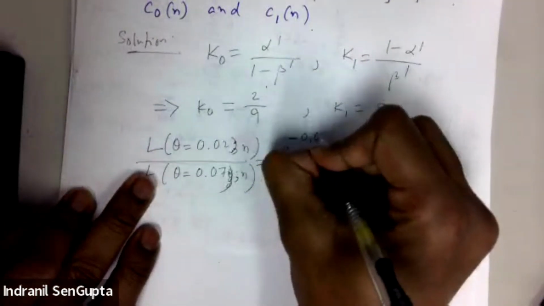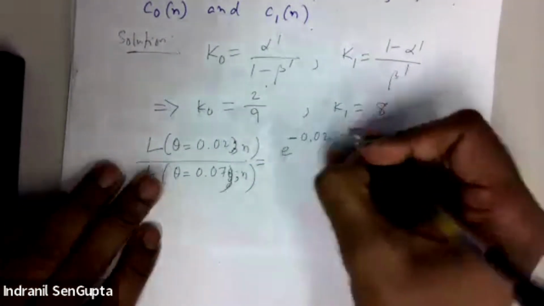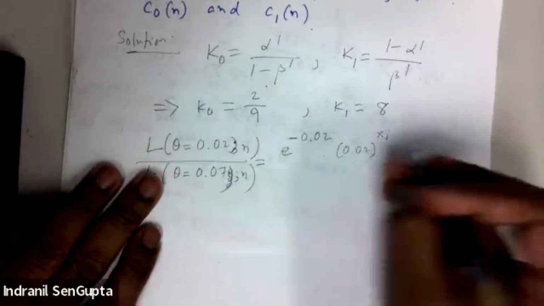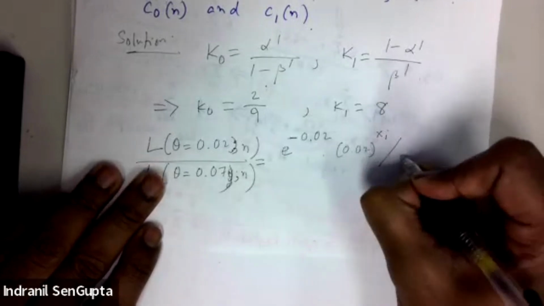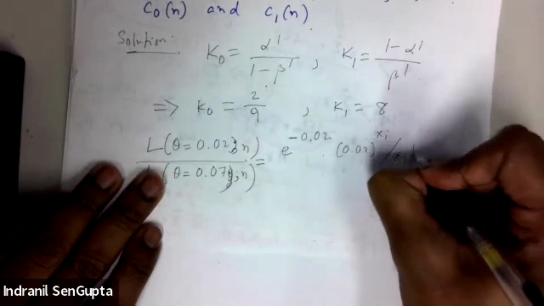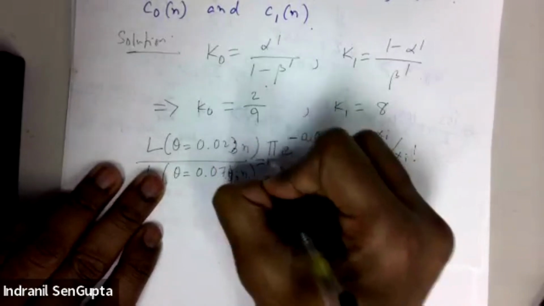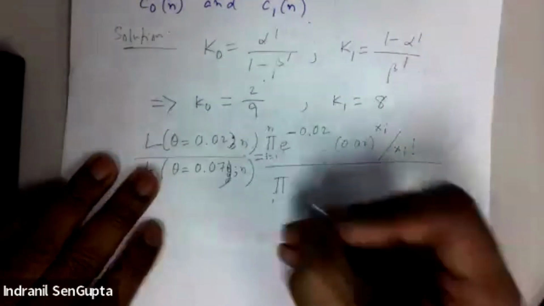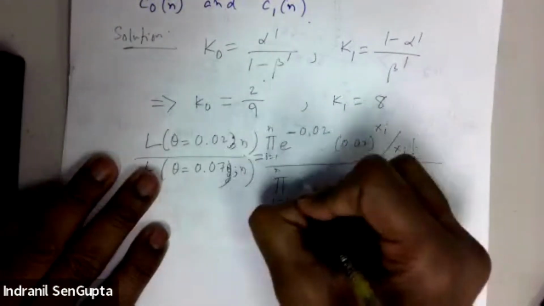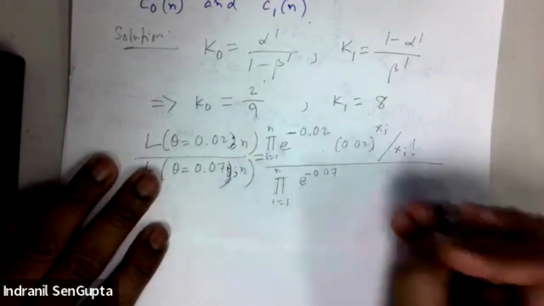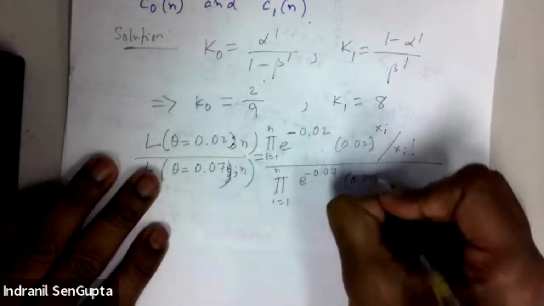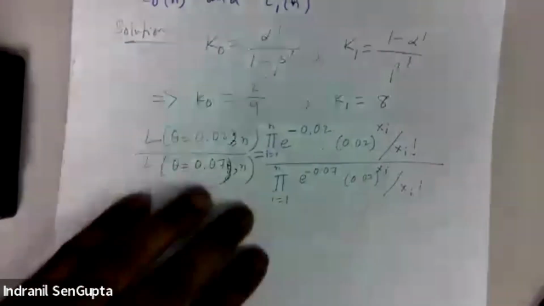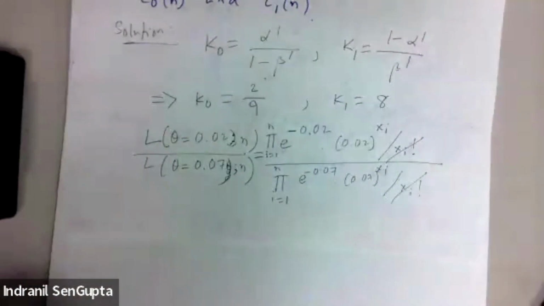So it's 0.02 to the xi over xi factorial. And how many of those? n of those. And for the denominator, we have i from 1 to n, e to the minus 0.07 times 0.07 to the xi over xi factorial. So you see the xi factorials and xi factorials cancel.